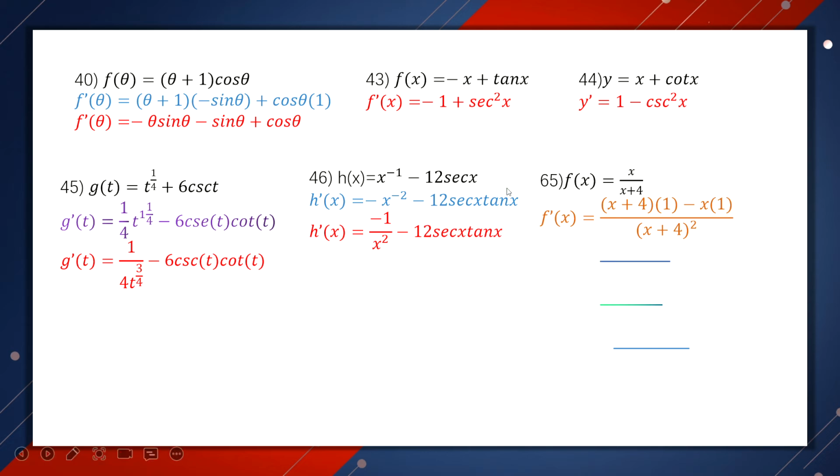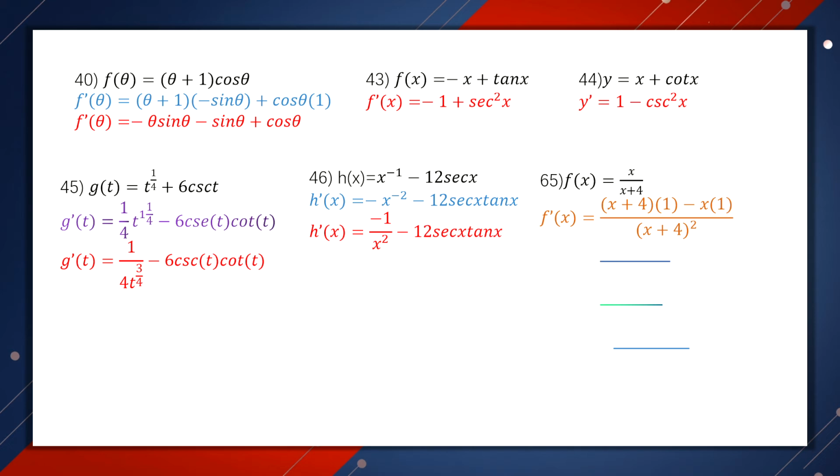This time we need to use the same method as we talked about, that quotient rule. So it's d over dx of f of x over g of x equal to g of x times f derivative x minus f of x times g derivative x, over g of x squared.